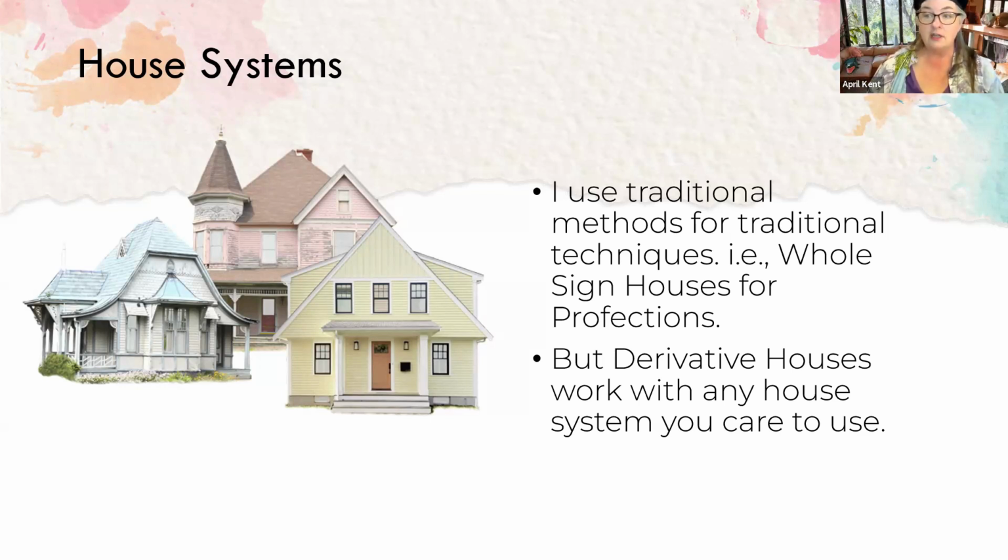What I tell them is to stay with one house system for a couple of years. It could be the one your teacher uses, the one your favorite podcast uses, whatever it is. Jump on that train and stay with it and get everything you can from it before you move on to the next one, because they will all work.